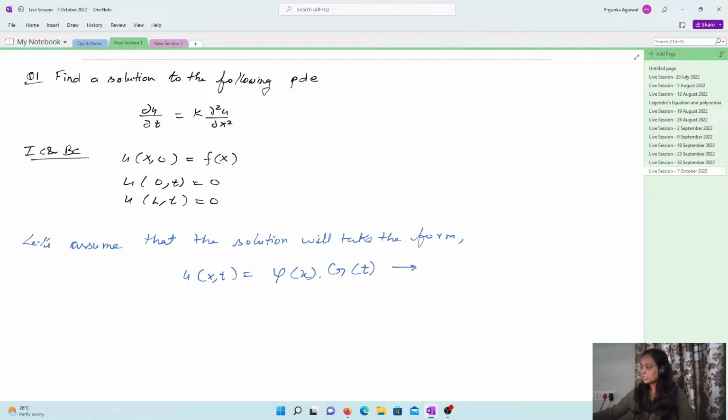So what we are doing here is we are using separation of variables.